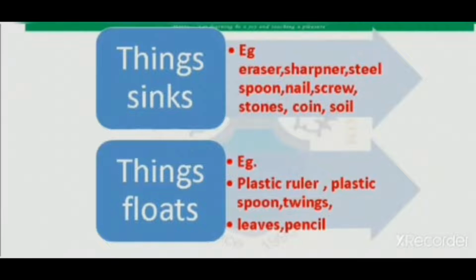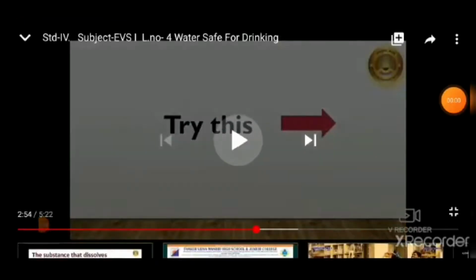Now, the things which sink in water, for example, eraser, sharpener, steel spoon, nail, screw, stones, coins, soil, all sink into the water, which is heavier than that. And the things which float in water, for example, plastic ruler, plastic spoon, twigs, leaves, pencil.